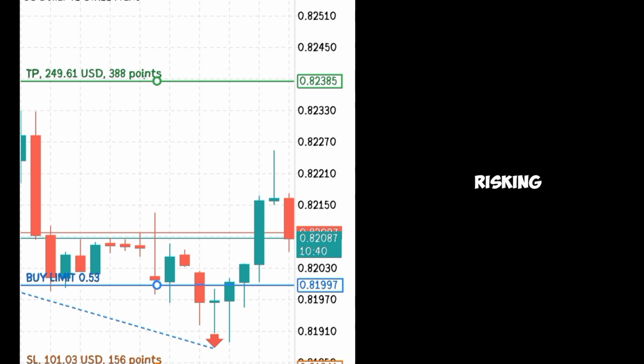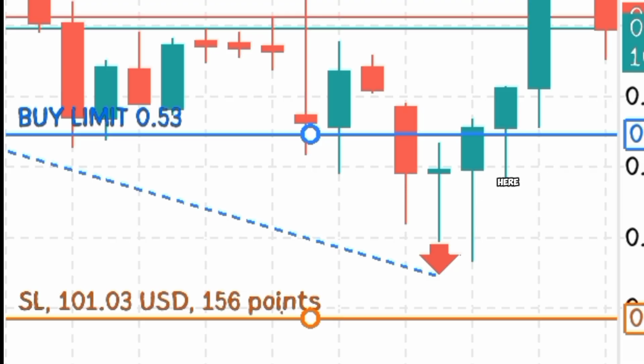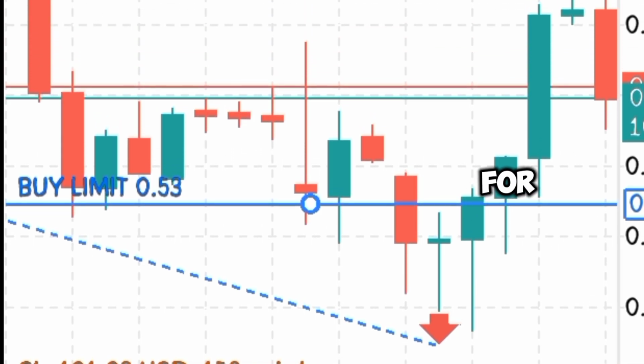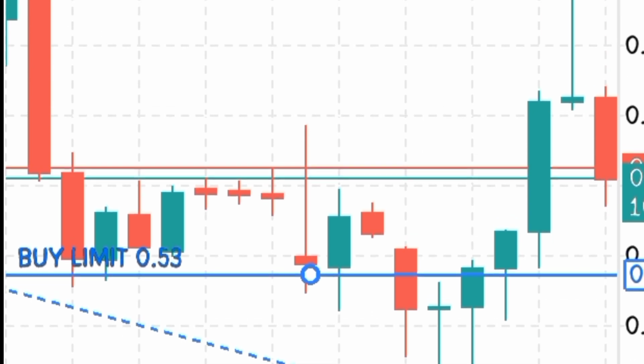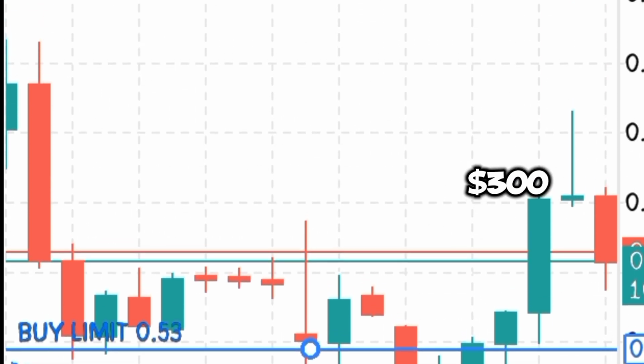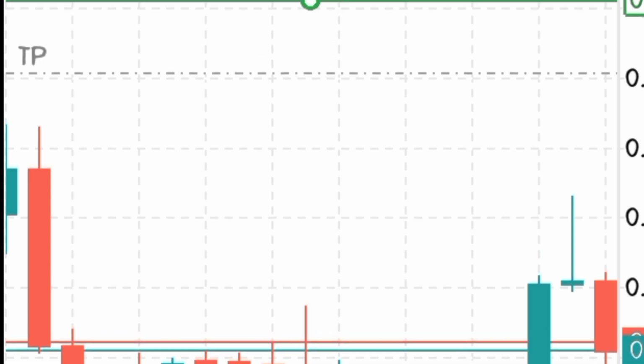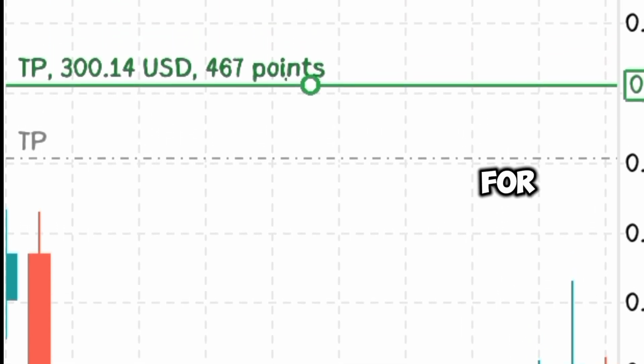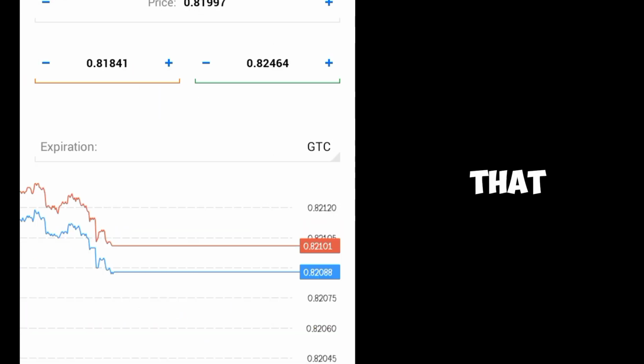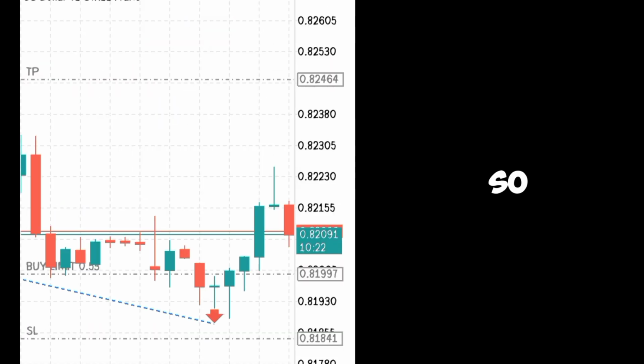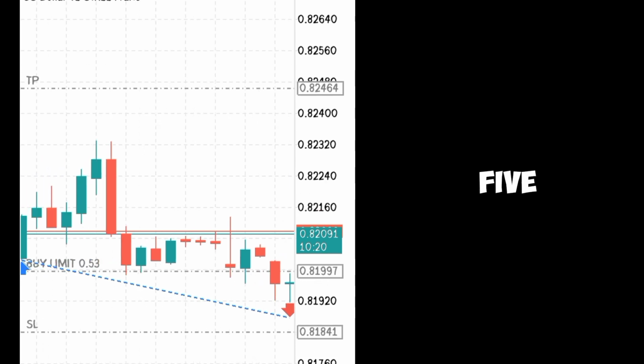Okay, now I'm risking $100, as you can see here, for $300. I'm risking $100 for $300. So that is exactly how you do it. So if you do this for 5 different trades, there are 2 things that can happen.